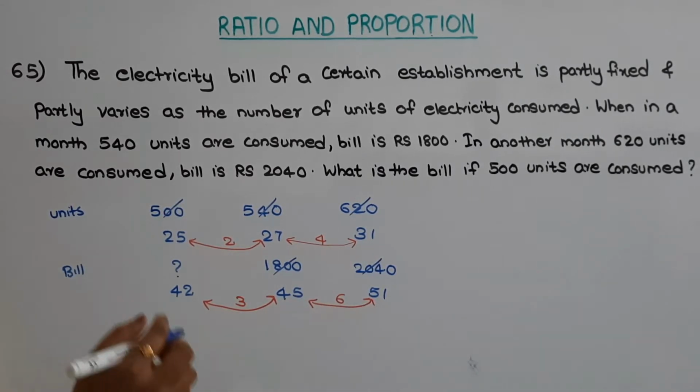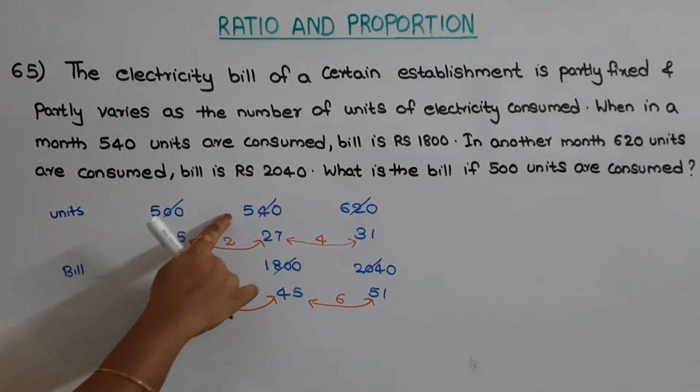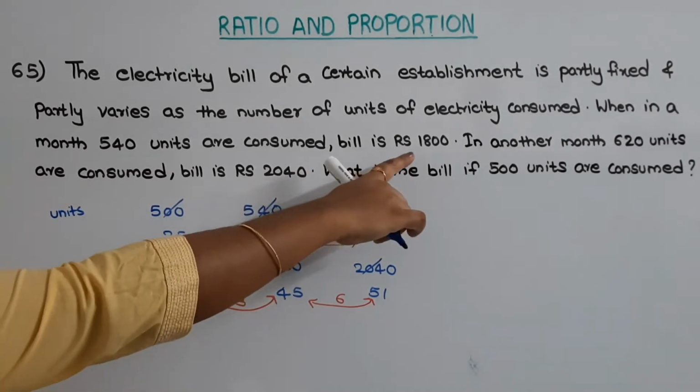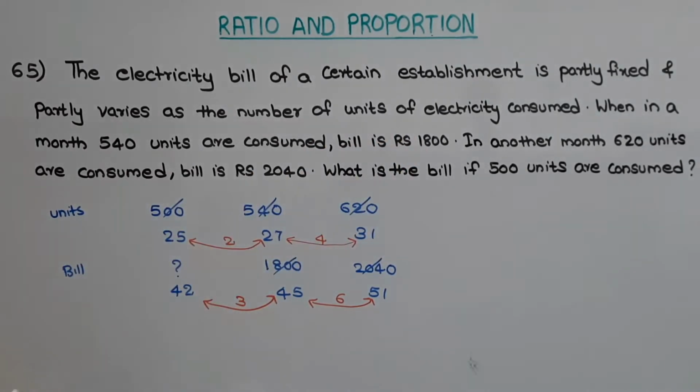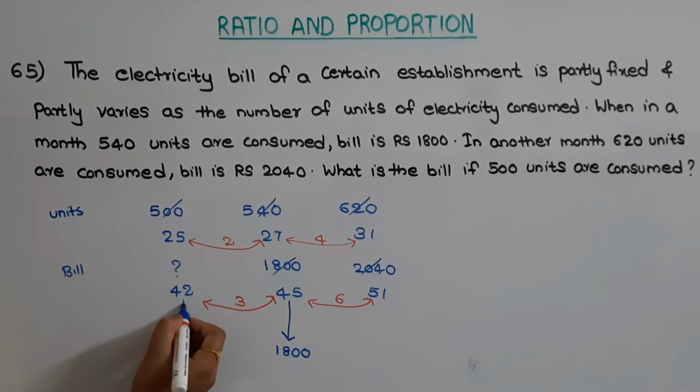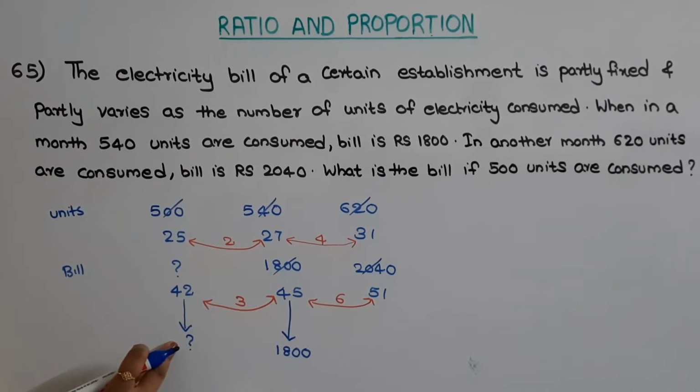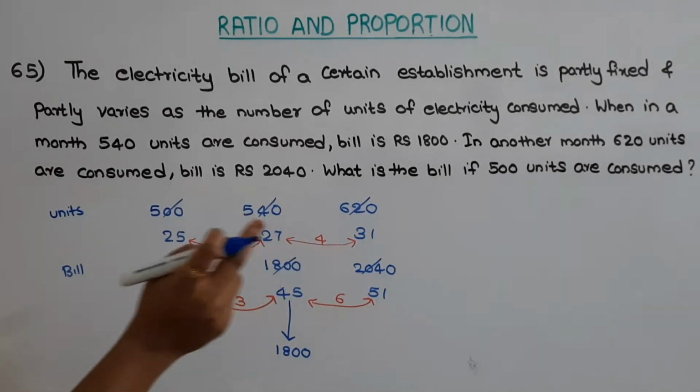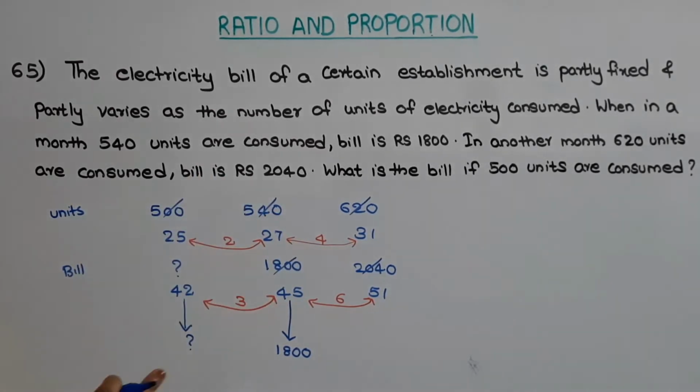Now when 540 units were consumed, the bill was rupees 1800. So this 45 can be written as 1800, and we need to find out the value of this 42. If we find this value, we will get the bill when 500 units are consumed.